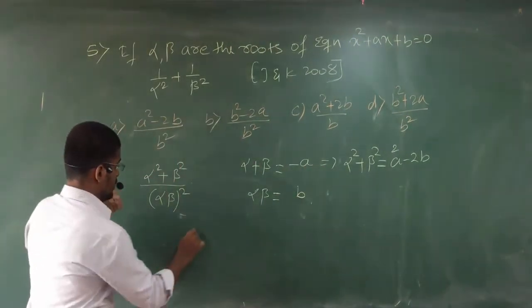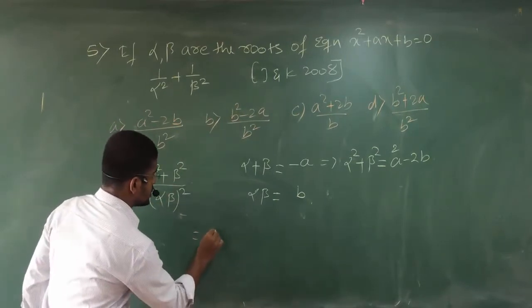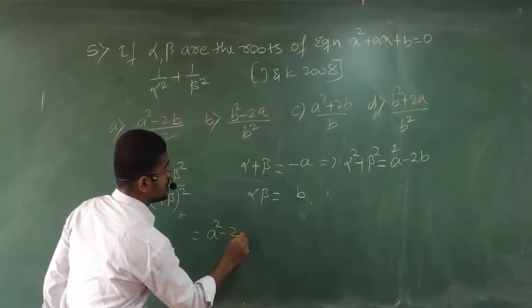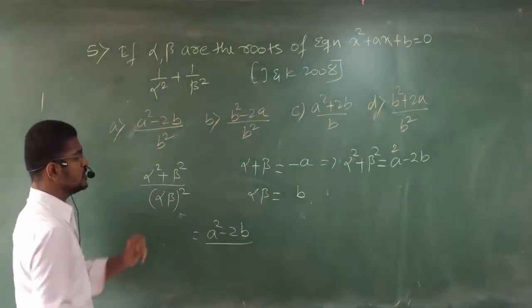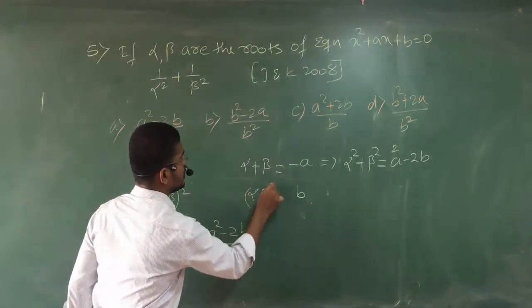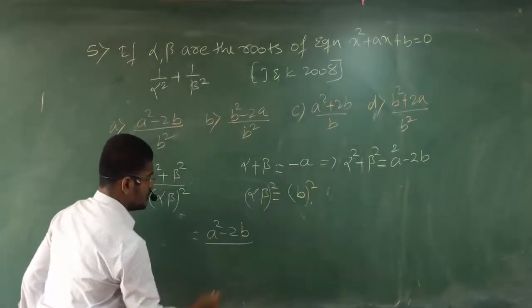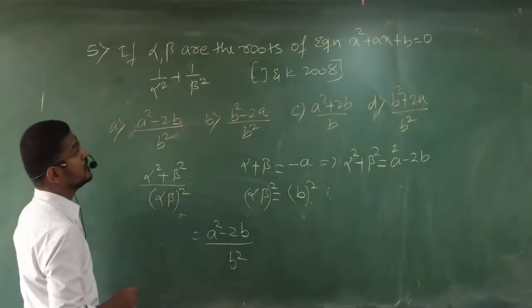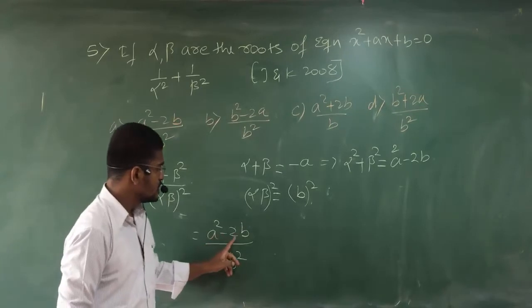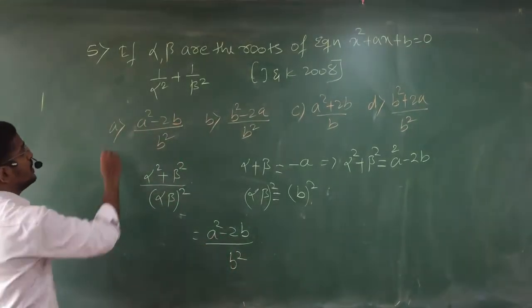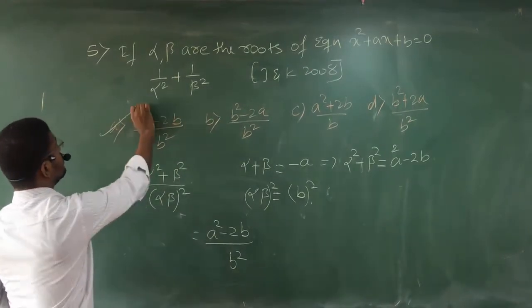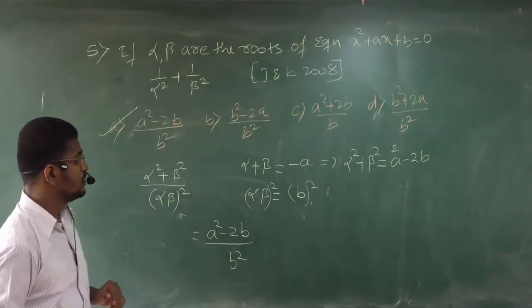So now alpha square plus beta square is a square minus 2b, divided by alpha into beta whole square. You have alpha into beta, squaring on both sides. You will have b square. So that is a square minus 2b divided by b square. Your answer is a square minus 2b divided by b square.